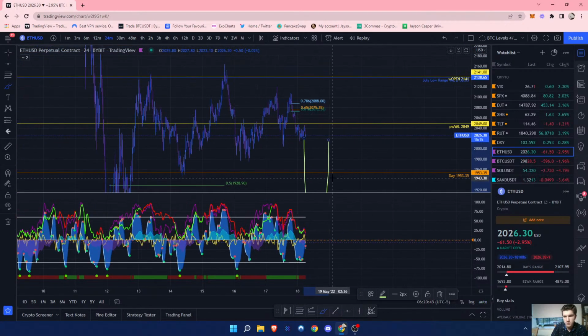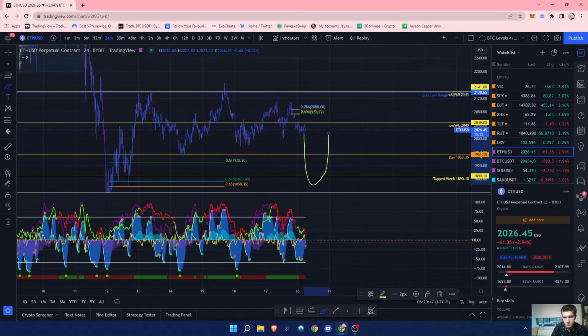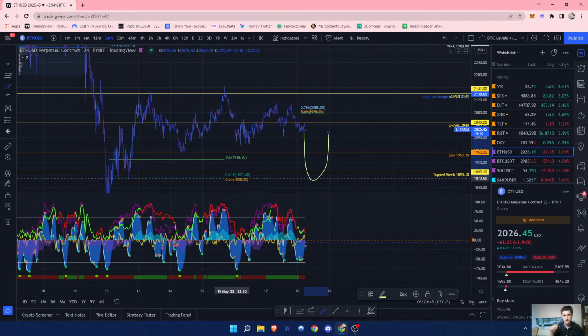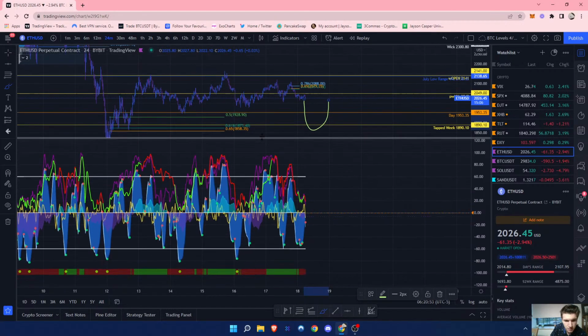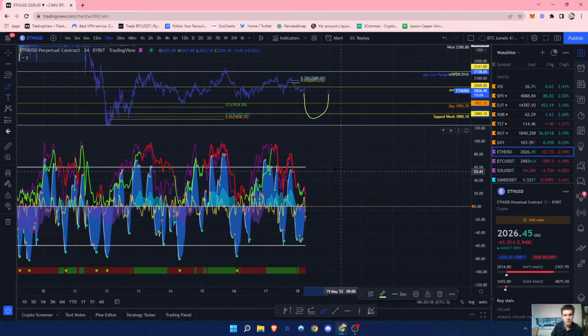Again, this is another 24-minute time frame. So again, I'm waiting for price to come down to this golden pocket right here at 1870. And I am going to put this up a little bit. And again, I want to see momentum come down. It can be a pretty deep momentum wave right here.